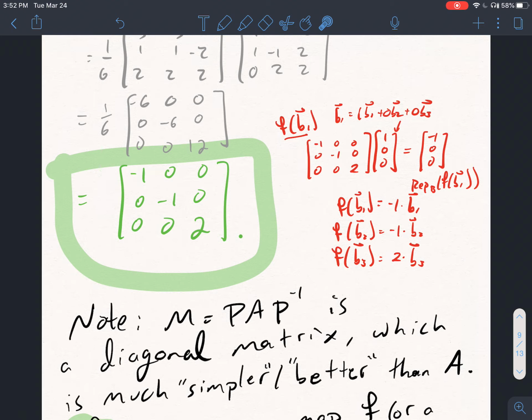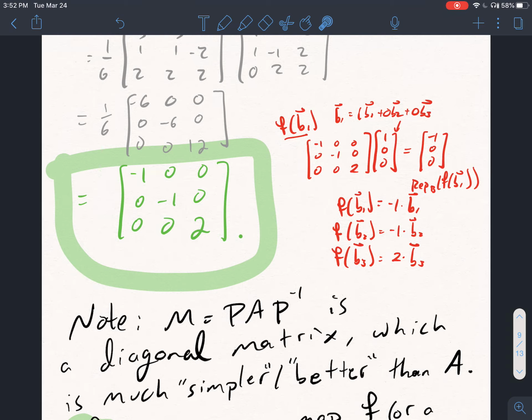Therefore, the representation of f of b1 is equal to -1, 0, 0, and that's with respect to B. So this tells me how to write f of b1 as a linear combination of b1, b2, b3. So f of b1 is equal to -1 times b1.